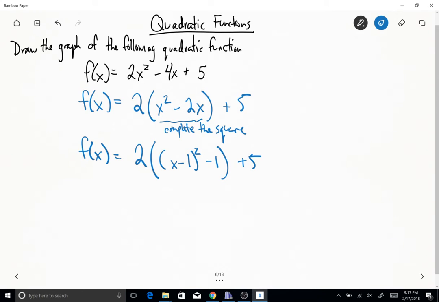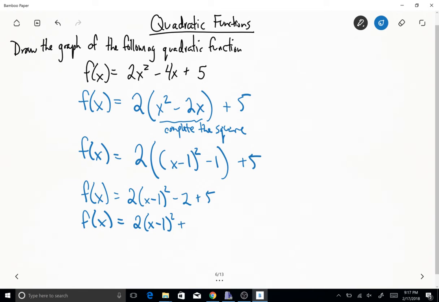So at the end of the day, we get f of x equals 2 times the quantity x minus 1 squared, minus 2 plus 5, which is 2 times the quantity x minus 1 squared, plus 3.